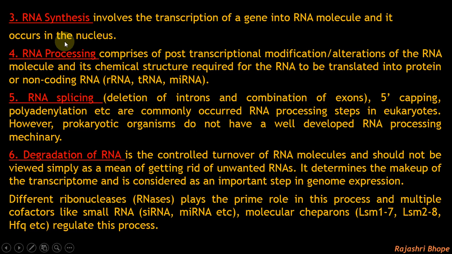RNA synthesis, then RNA processing, that is, if any introns are present, those are removed. At the 5' and 3' sides, the RNA is modified. Splicing is the removal of introns. Degradation of RNA is to control turnover of the RNA molecule. Unwanted RNAs are degraded.